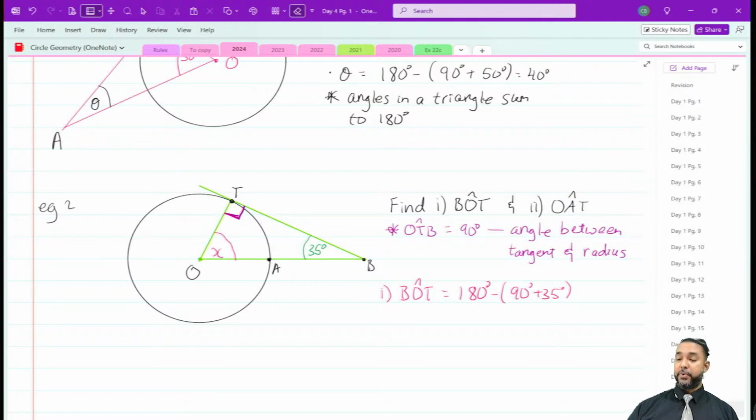Right, 90 and 35 is 125. 125 from 180 is 55 degrees. And again, we could explain the 180 because angles in a triangle sum to 180.